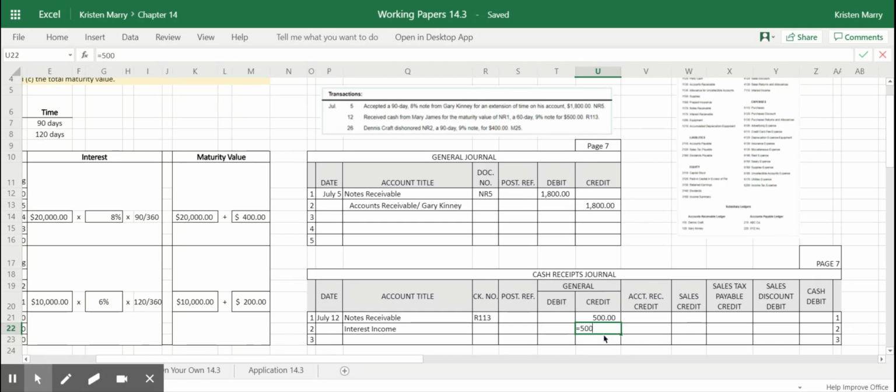So it'd be 500 times the 9% times 60 days out of 360. So in total, we're going to get interest income of $7.50. So those two amounts together, we should receive $507.50 from Mary James.